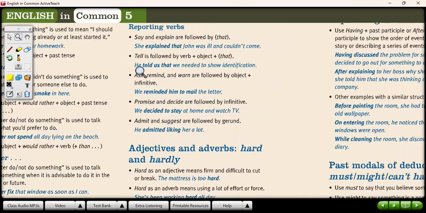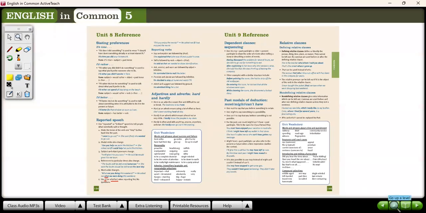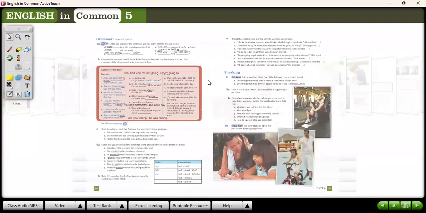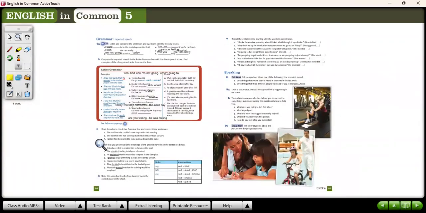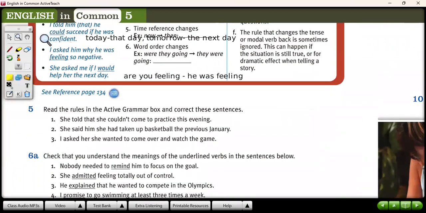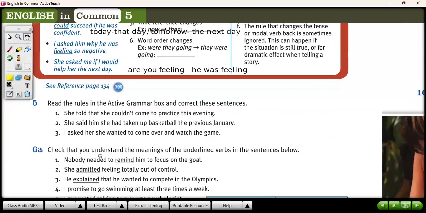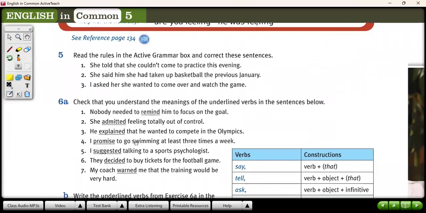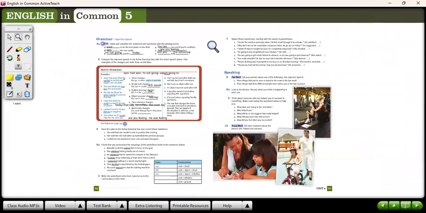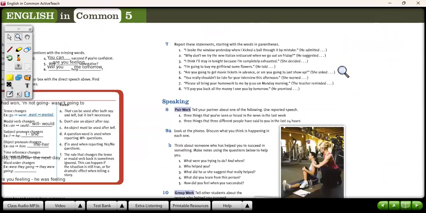Now, let's come back to our lesson. And as homework, as an activity, I want you to do exercise number 5, number 6, A and B. Also, you can do exercise number 7 as homework.